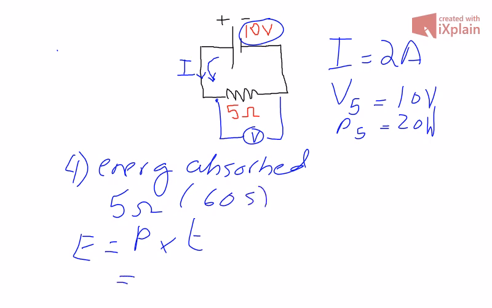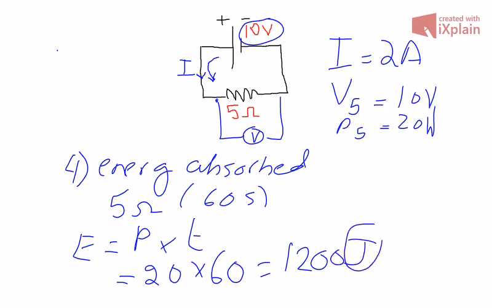So we know that the power across the 5 ohm resistor is 20 watts. So that'll be 20 watts times 60 seconds, which is the time, which comes to around 1200 joules. Remember, energy is measured in joules: 1200 joules.